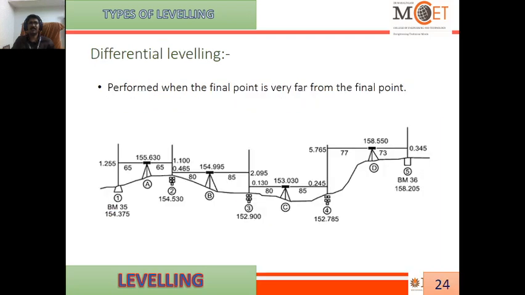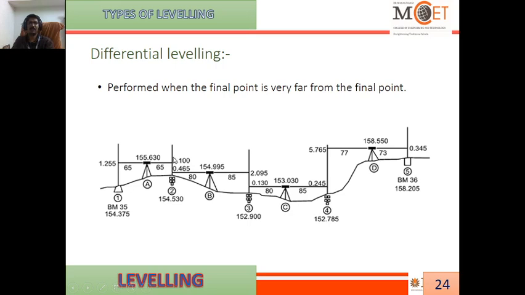Next is the differential leveling. It is performed when the final point is very far from the first point. It starts from here and goes up to here. Between point 1 and 5 there may be a long distance, and intervisibility is also not possible, so we need to change the instrument often. At the first position, we obtain the staff reading on the benchmark.